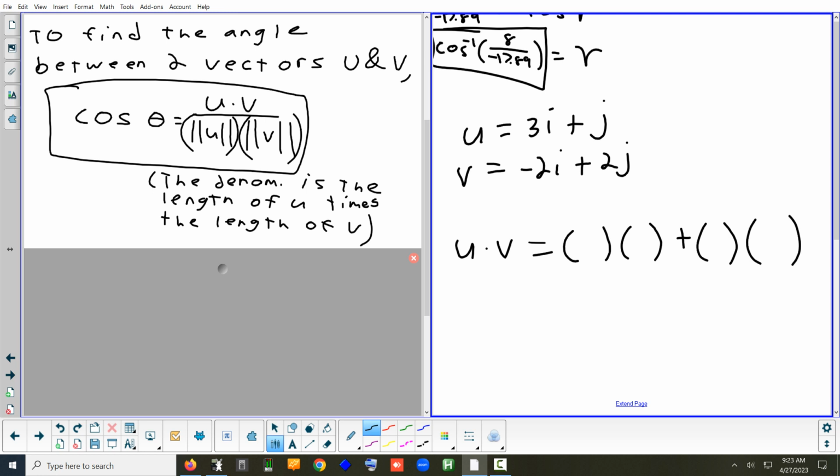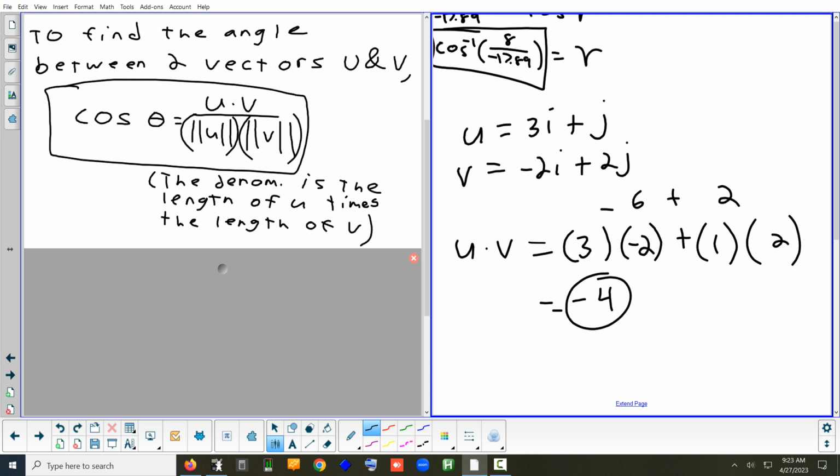What are the first two things I multiplied together to do the dot product? Yep. 3 and negative 2. And the next two? 1 and 2. So that's going to give me a dot product of how much? Yep. Negative 4.